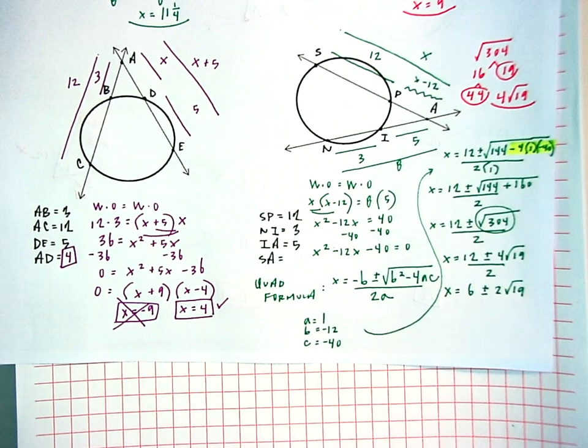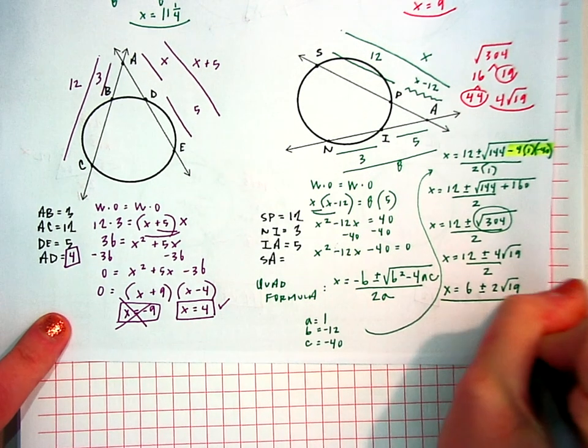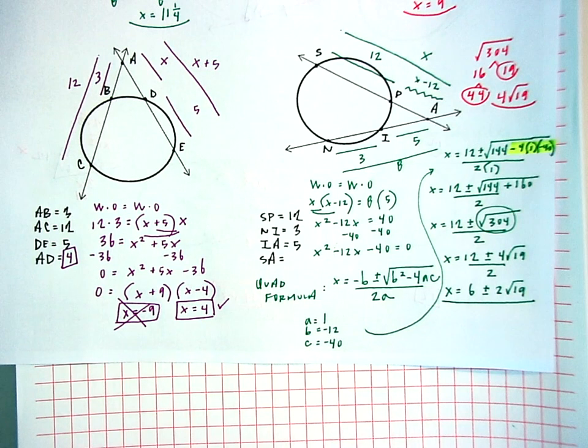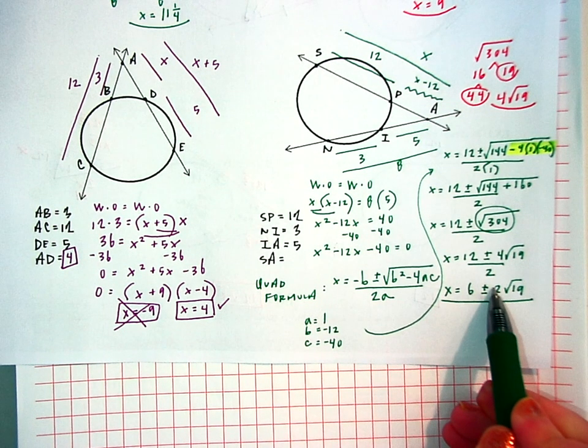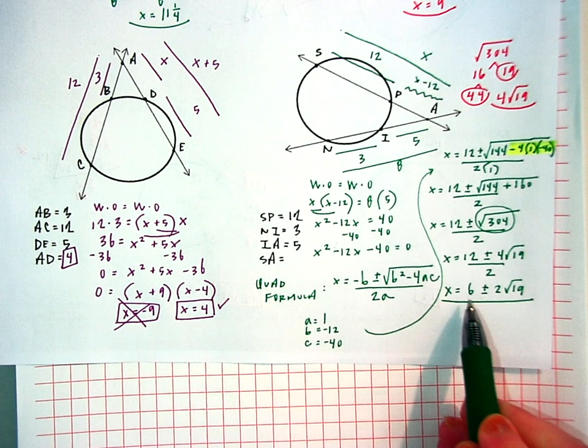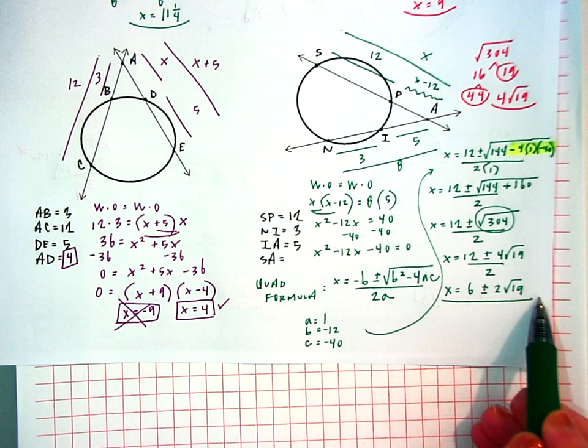It would be all over 1, but I don't write the over 1 part, right? I don't write 4 over 1. 4 over 1 would just be 4. So here's my answer, but this is really 2 answers, right? Because I'm solving a quadratic equation. So my 2 answers, I have one that's 6 plus 2 times the square root of 19, and the other is 6 minus 2 times the square root of 19.